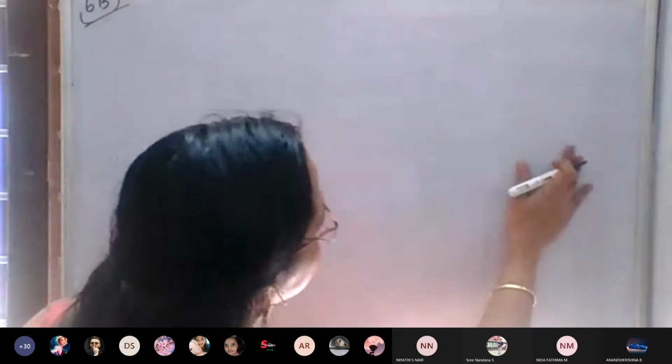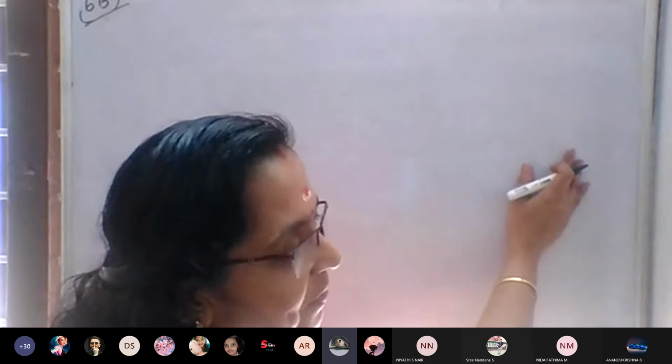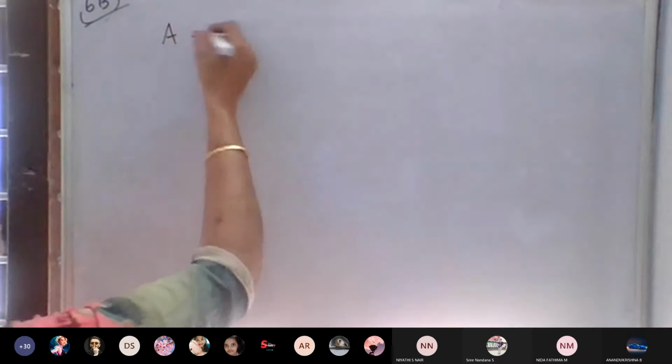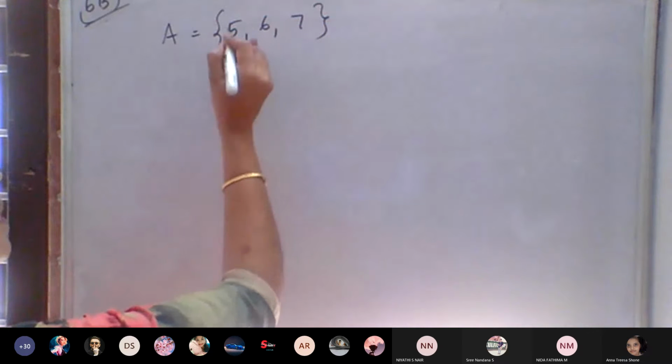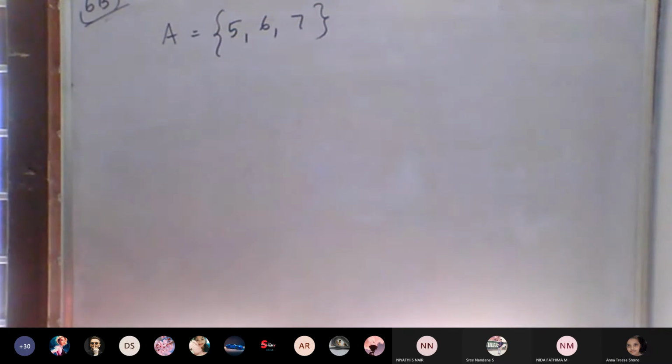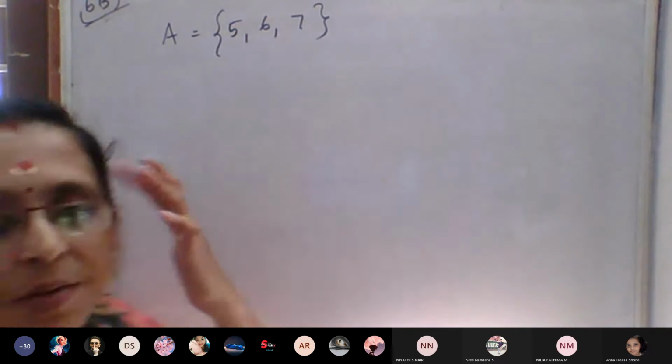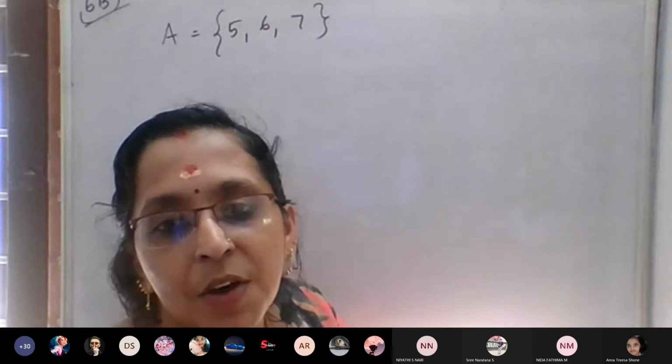Find the number of subsets of set A. A is equal to 5, 6, 7. Okay, 3 numbers. So first, before finding the subsets, for our convenience, what we will do?